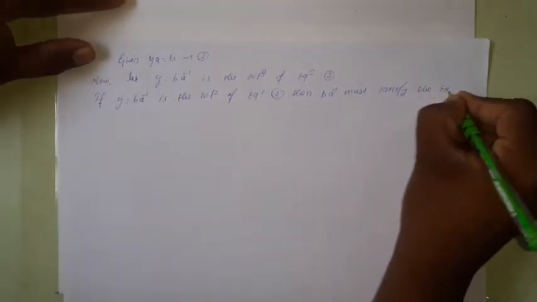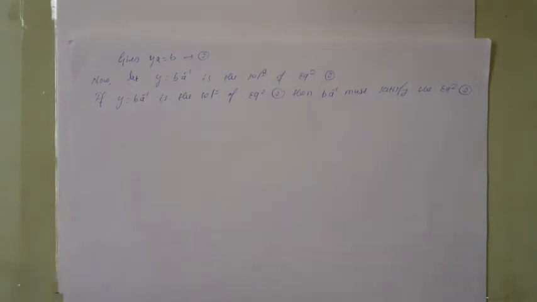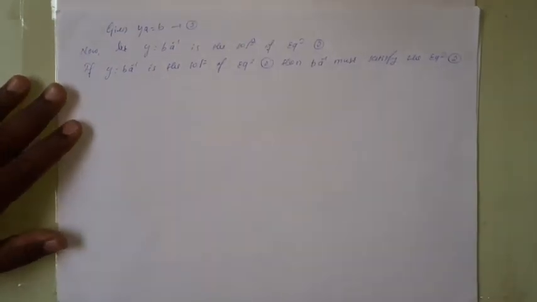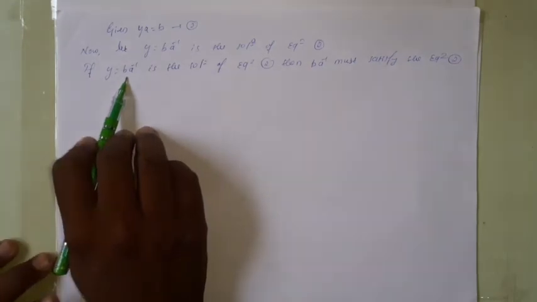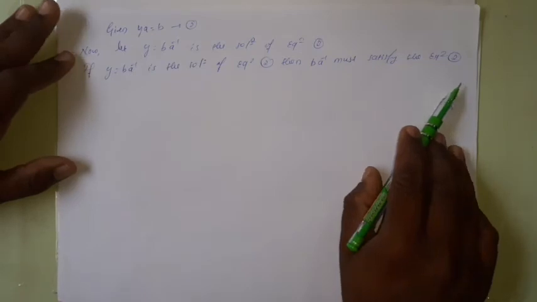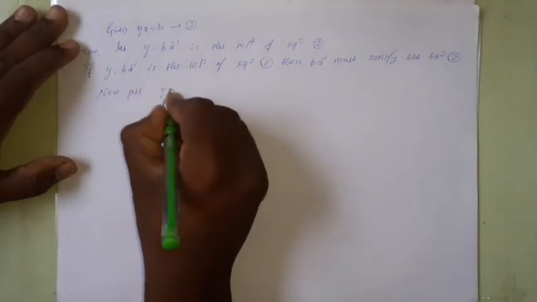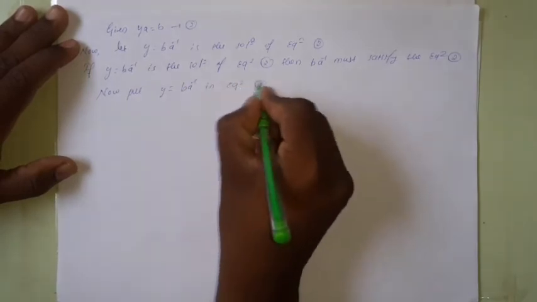the equation 2. So here, as in the previous case, where we considered x is equal to A inverse into B, here it is y is equal to BA inverse. Since we have assumed that this is the solution of equation 2, it must satisfy equation 2. Now put y is equal to BA inverse in equation 2.